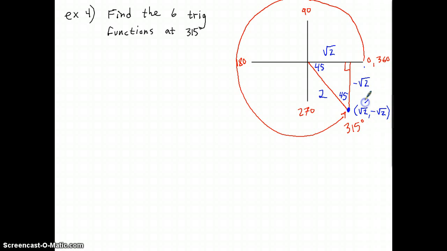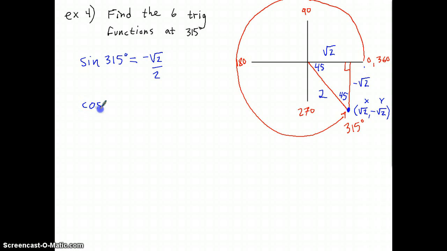So that's our x and our y value. So from here, you guys, we have the sine of 315 degrees. The sine of 315 degrees corresponds to y over r. So we have negative root 2 divided by 2. Sine of 315 is minus root 2 over 2.